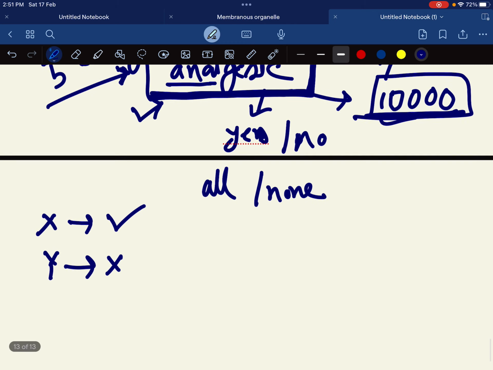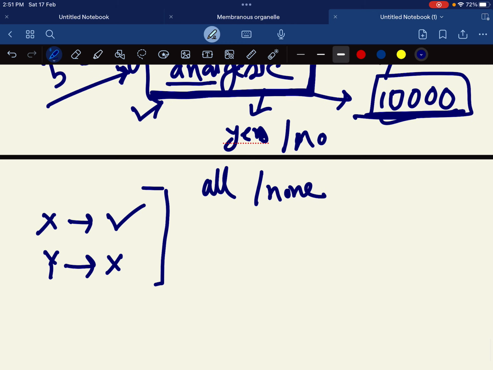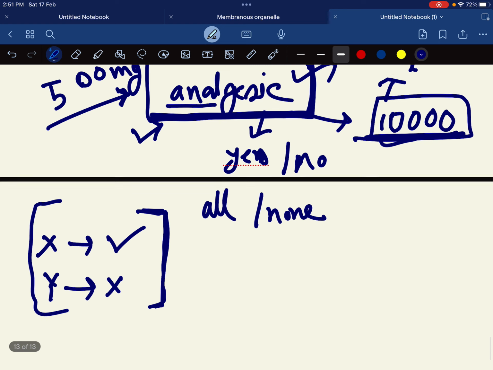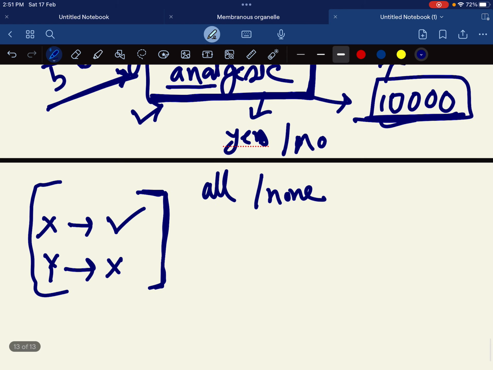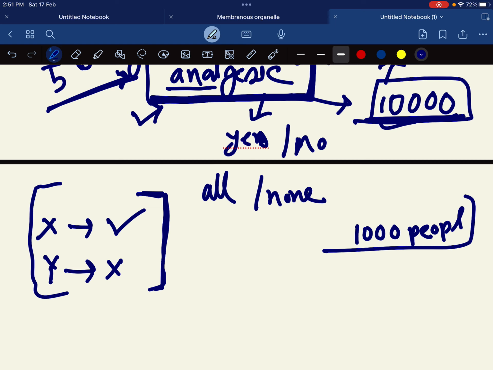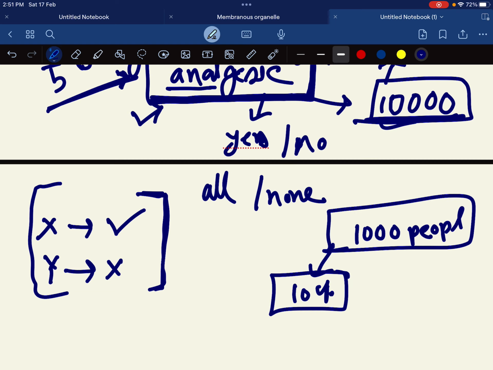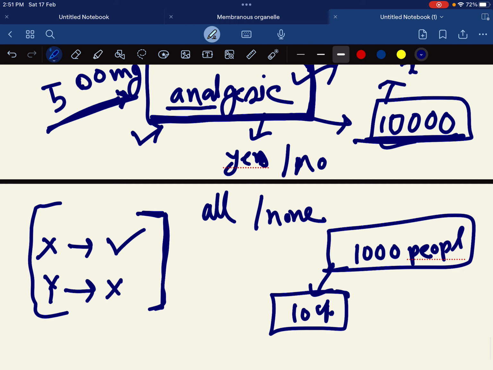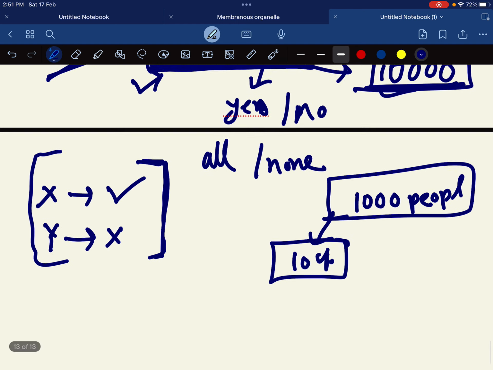In such a questionnaire, you can measure how many people are responding. Suppose for a 500 milligram dose only 1000 people say that their pain has been relieved. So only 10% of people say that for this dose the drug is working.